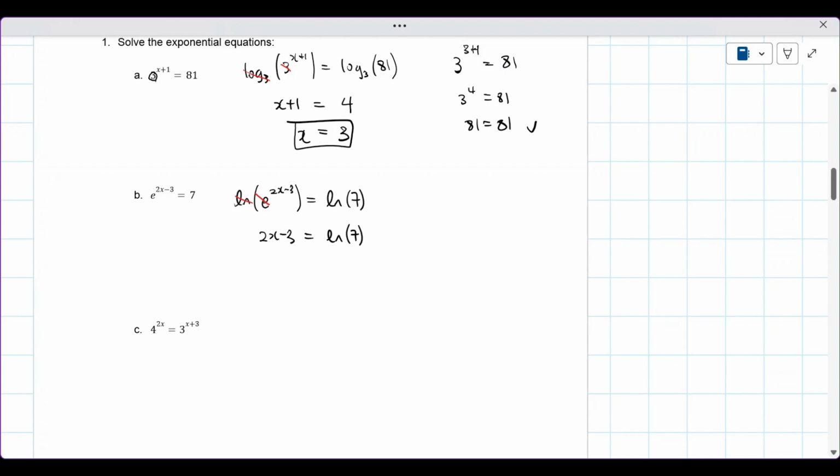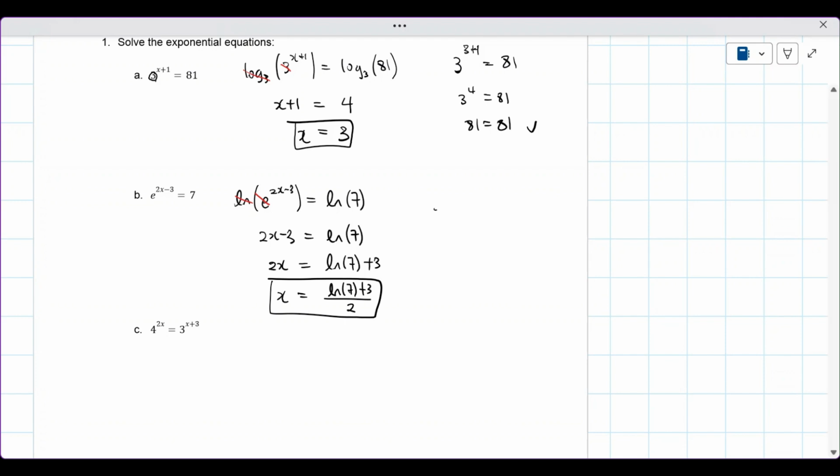And it's okay to leave the ln 7 as it is, because if you plug in the ln 7 on the calculator, you'll probably get just all decimals, which is not a good idea. So x equals ln of 7 plus 3 divided by 2 is my final answer.